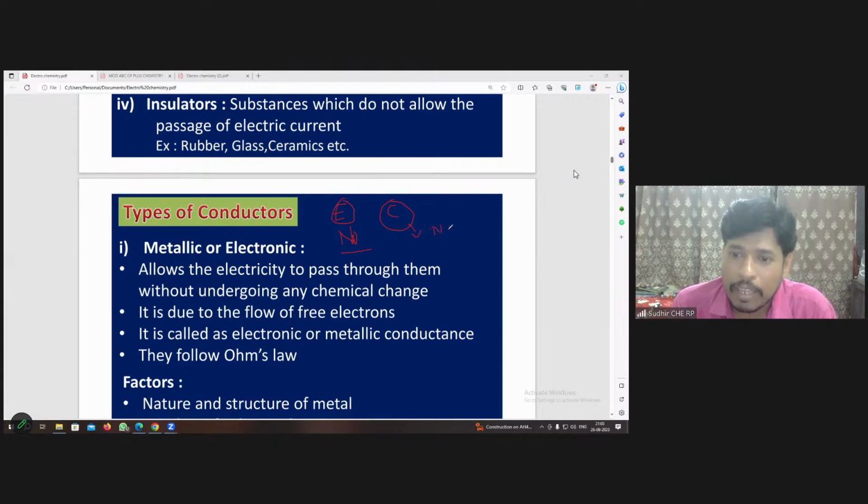For example, when sodium is combining with chlorine, it forms NaCl, sodium chloride. Sodium alone is the elemental form of sodium, and chlorine alone is the elemental form of chlorine. When these 2 elements are combined together in a fixed ratio by mass, the resultant new species which is produced with entirely different properties is generally called a compound.